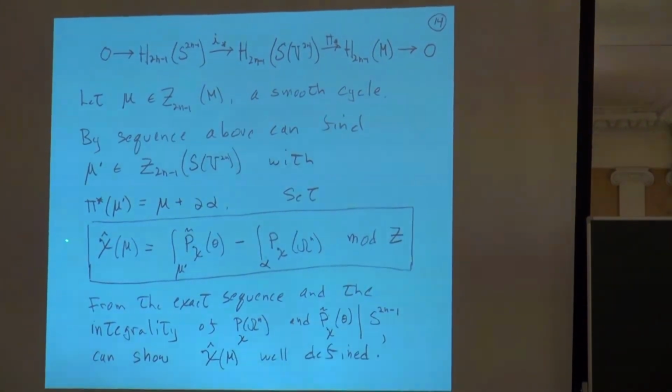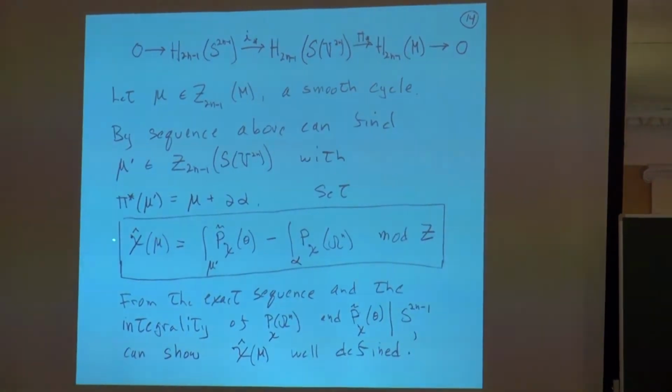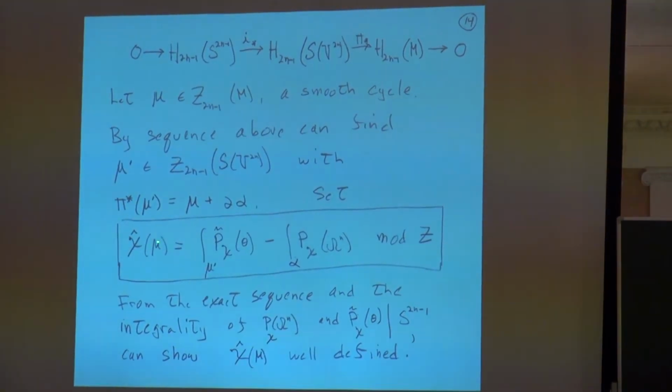And now I'm going to define modulo Z something I'm going to call chi hat of mu.